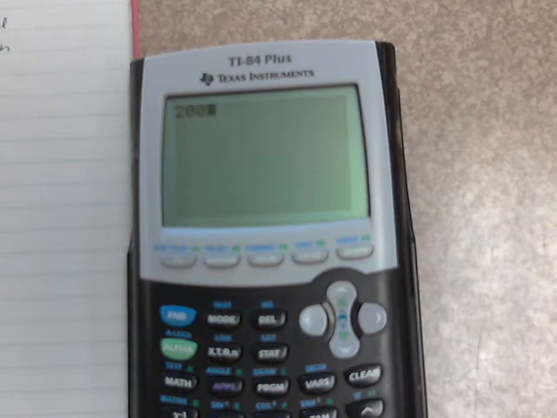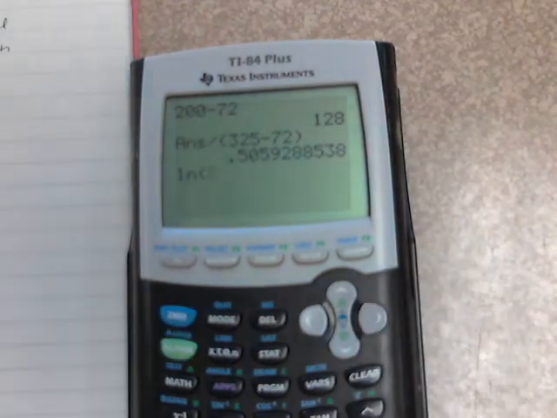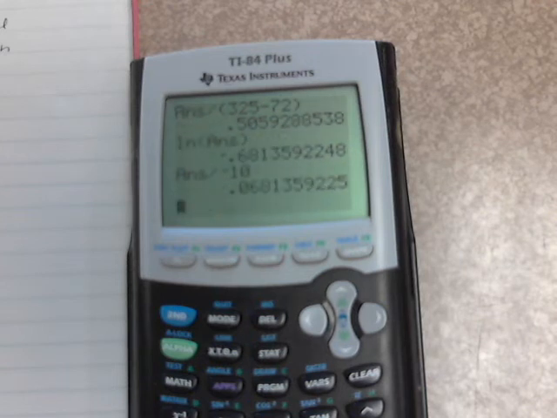So 200 minus 72 divided by 325 minus 72. Take the natural log of that answer and divide it by negative 10. So there's the k value, 0.068.